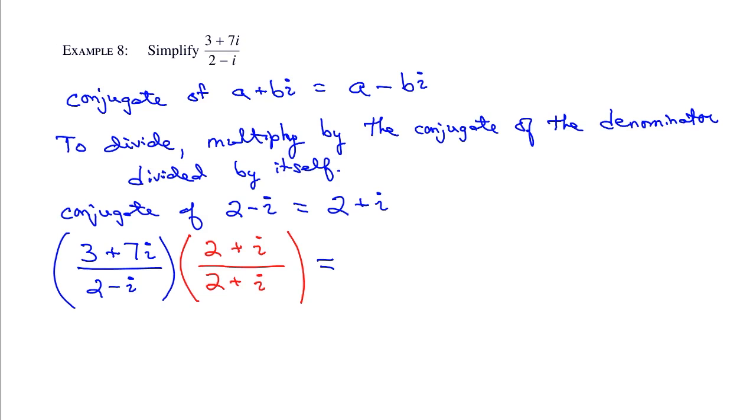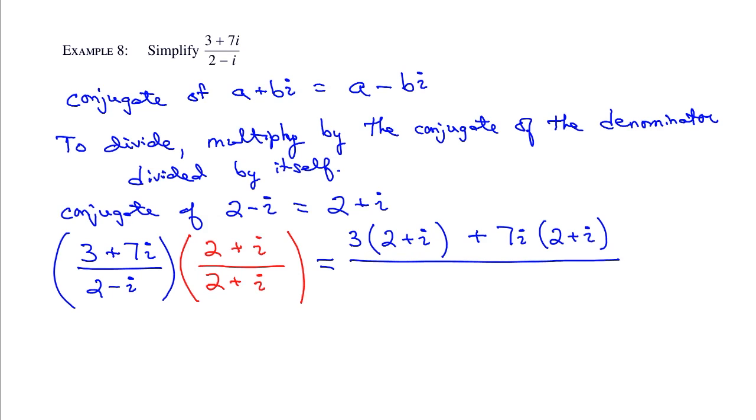And then you just work this out as if it were multiplication, and then simplify. So on top, we'll have 3 times 2 plus i plus 7i times 2 plus i divided by 2 times 2 plus i minus i times 2 plus i.